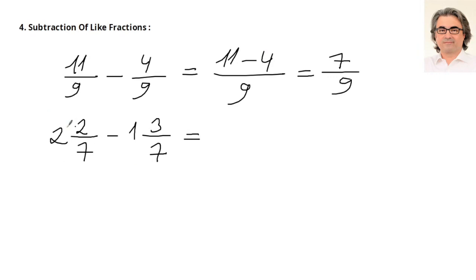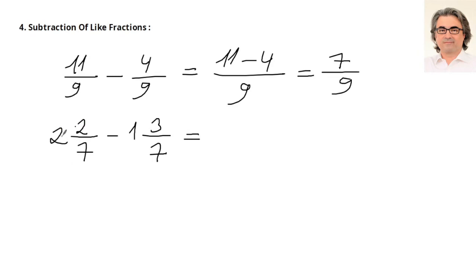This method is to change these two mixed fractions into their improper types. Okay, now let's change this mixed fraction 2 and 2 over 7 into its improper form.